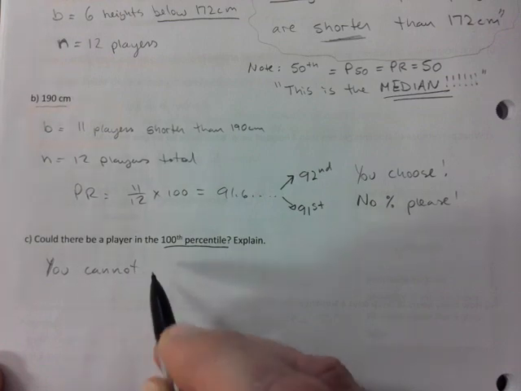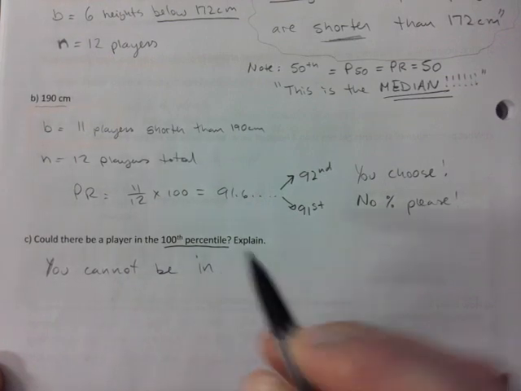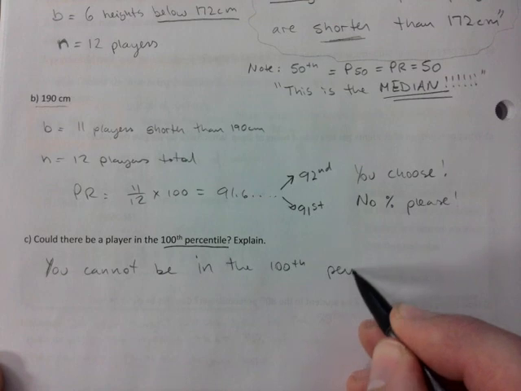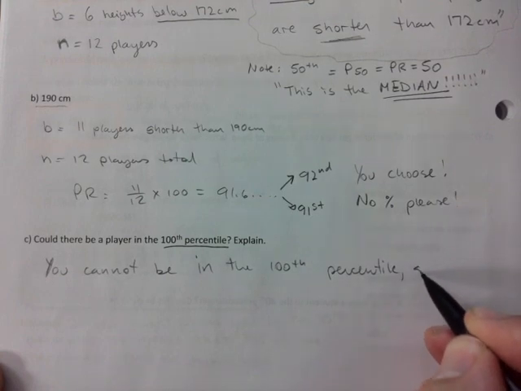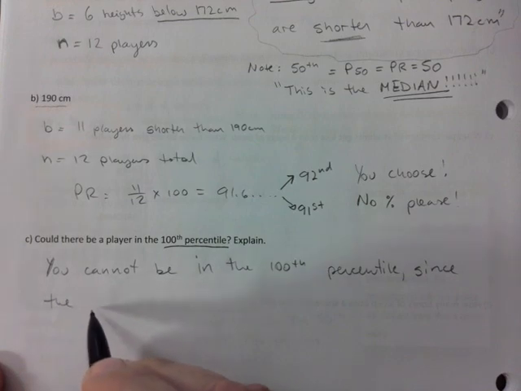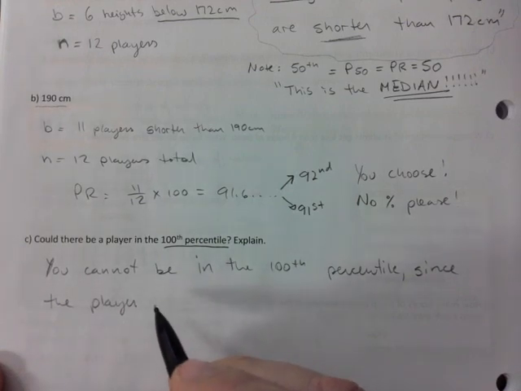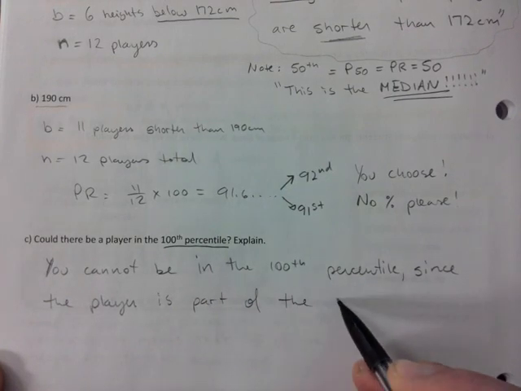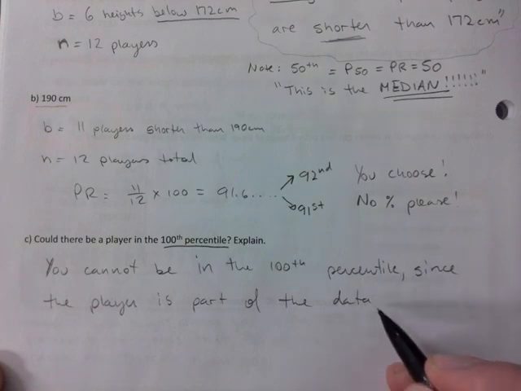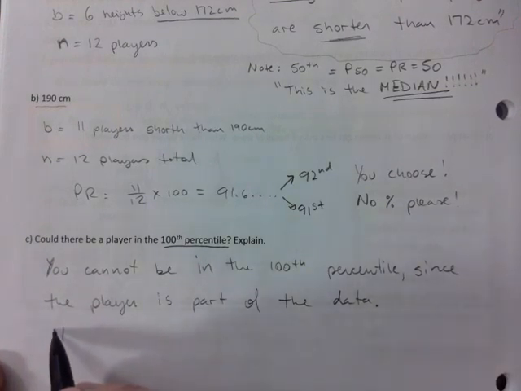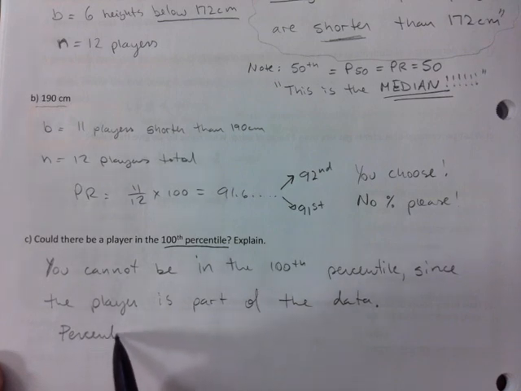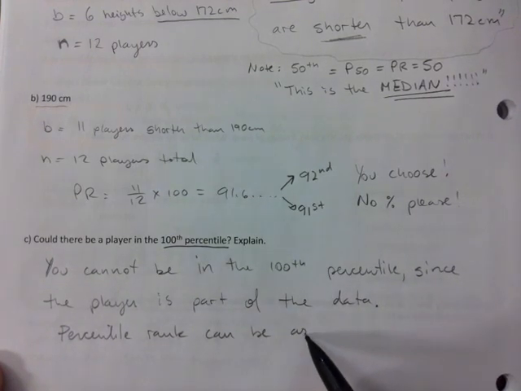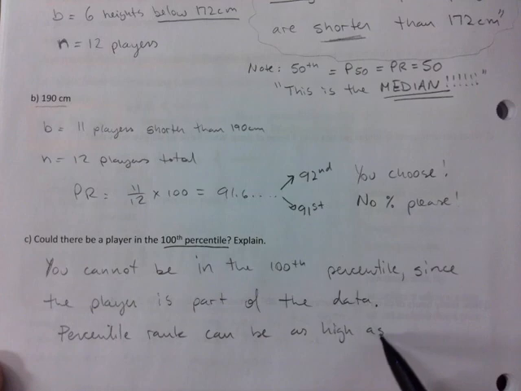You cannot be, I'm going to explain this a bit more, in the 100th percentile, since the player is part of the data. Percentile rank can be as high as 99.